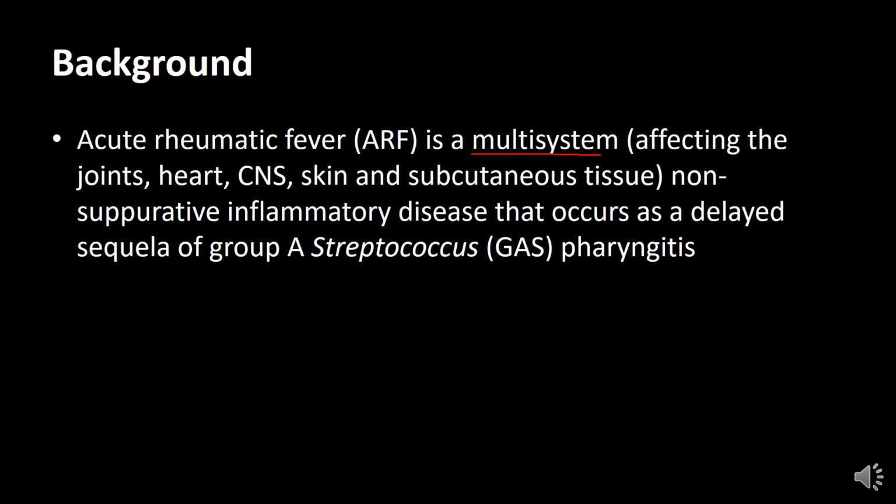Multisystem because it affects more than one system. Commonly, it affects the joints, the heart, the central nervous system, the skin, and also the subcutaneous tissue. It is non-suppurative in nature, which means all the other signs of inflammation will be present in the organ that is affected, but there will be no pus.